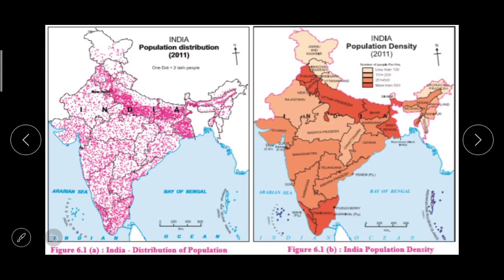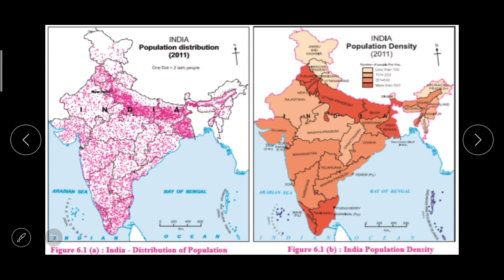As we all know, population is an important resource of any country. The qualitative aspects of a population are important for a nation's economic and social progress.